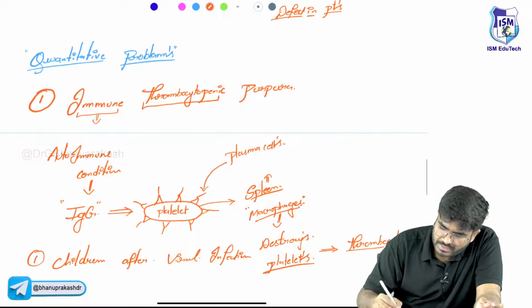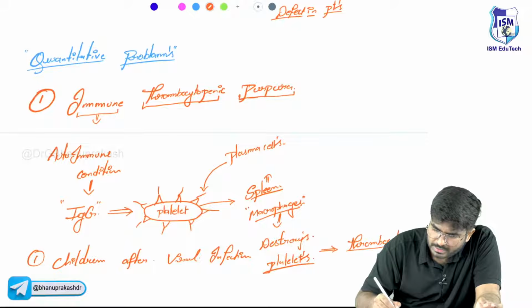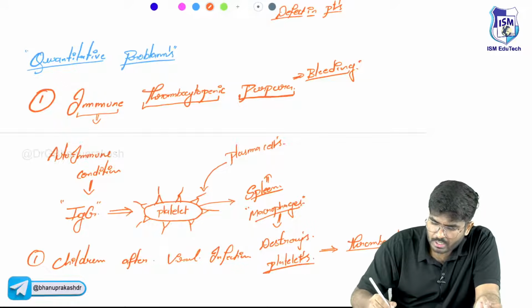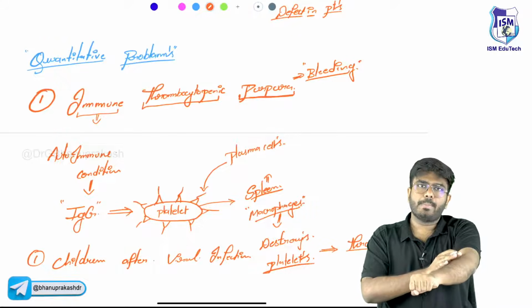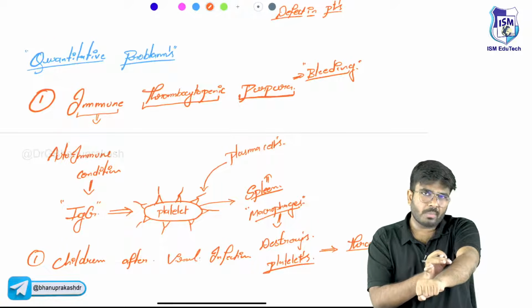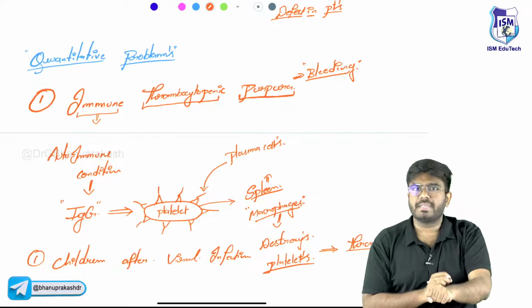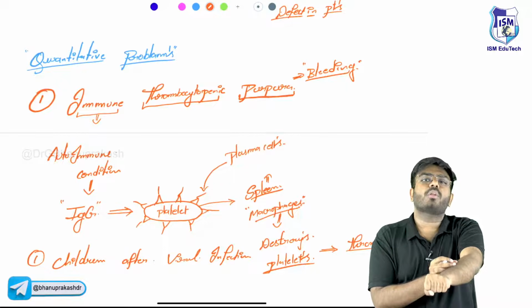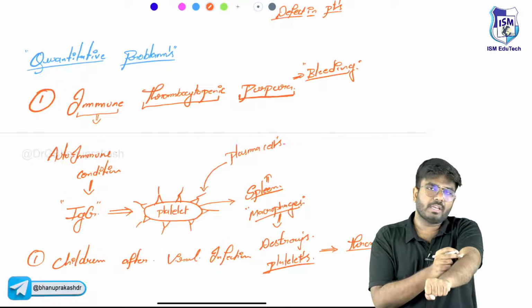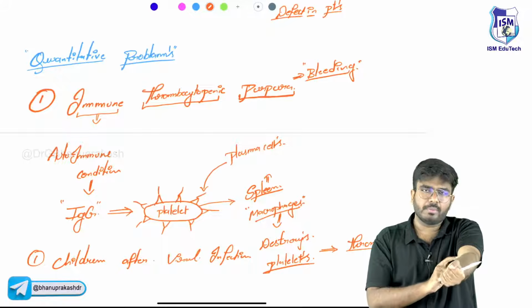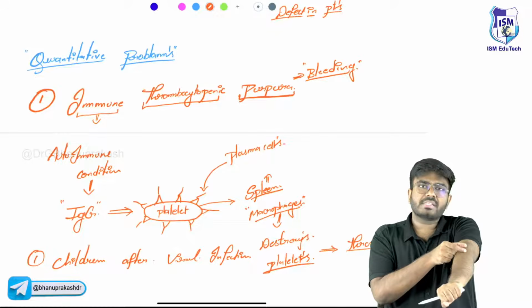Now, some students will still have a doubt: what is this purpura, sir? Purpura is nothing but bleeding into the skin. On the skin, you can see the bleeding marks. Petechiae means small, pinpoint bleeding. Purpura is a little bit more in size. If you have big patches of bleeding, then it is called ecchymosis.